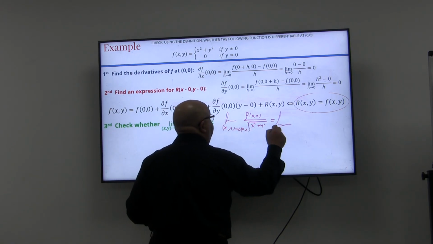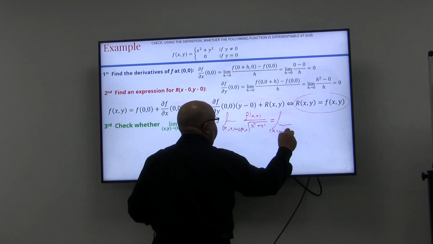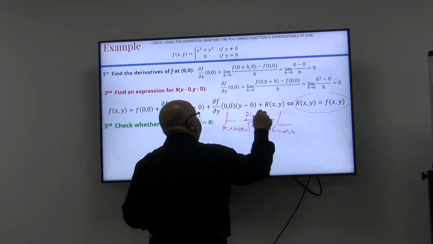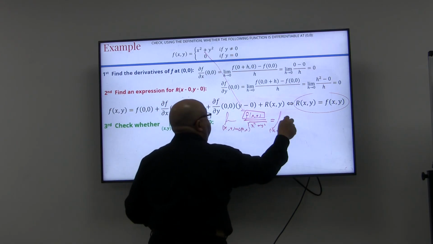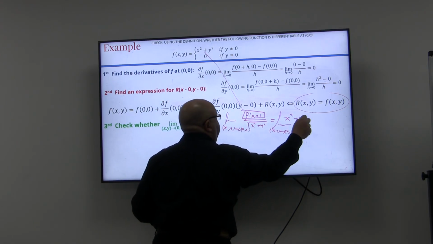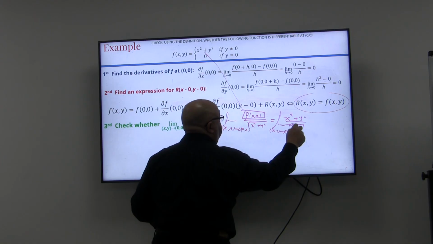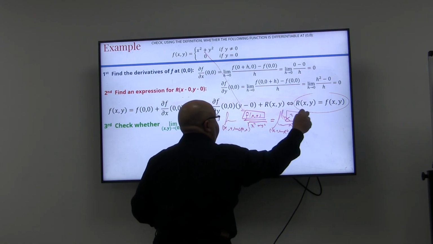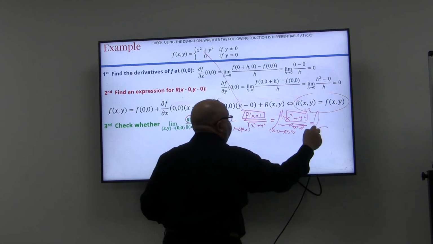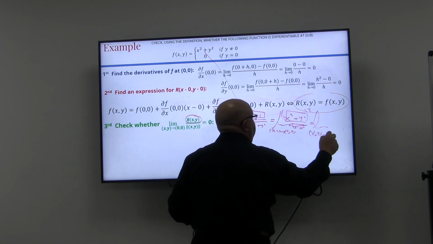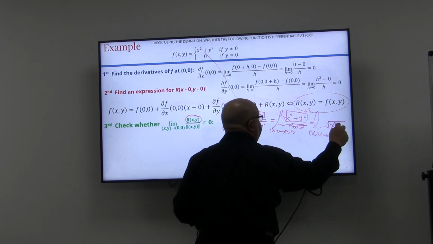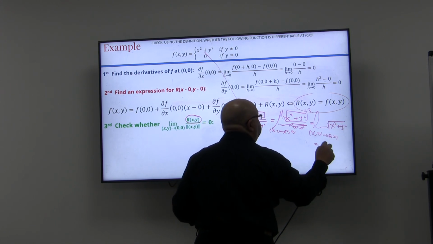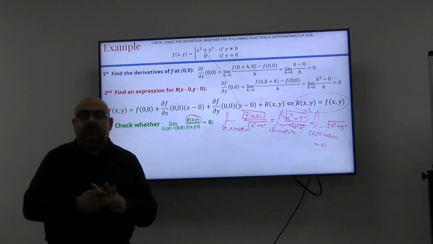If you use the substitution of the function, it's going to be x squared plus y squared divided by the root of x squared plus y squared. If you eliminate this with that one, you will have the limit as (x,y) approaches (0,0) of the root of x squared plus y squared, which leads to the limit existing and being equal to 0.